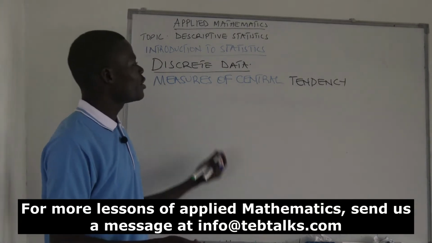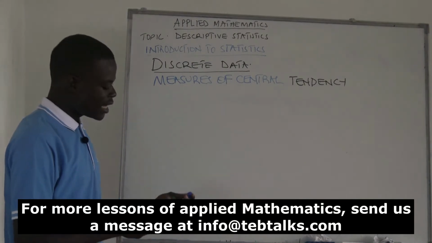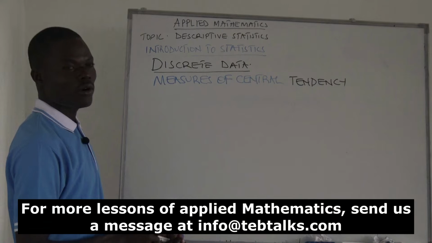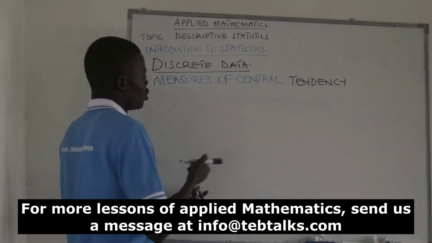The first one we will look at here is mean. The second one is median, and the last one is mode.